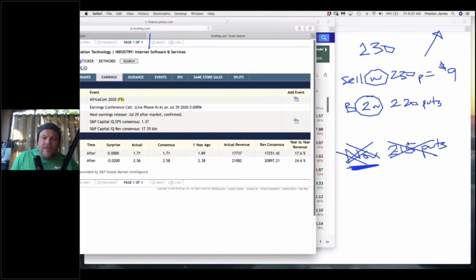I can tighten up my protection, which means this position requires less margin, and these puts will cost less. And you can see with taking in $9 for the week, the worst possible scenario could happen, and I've got $10 at risk here with taking in 9 for just that 1 week.